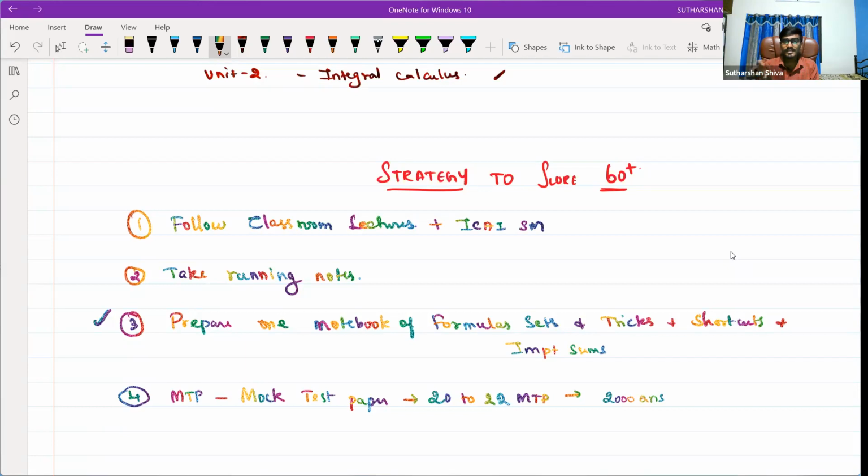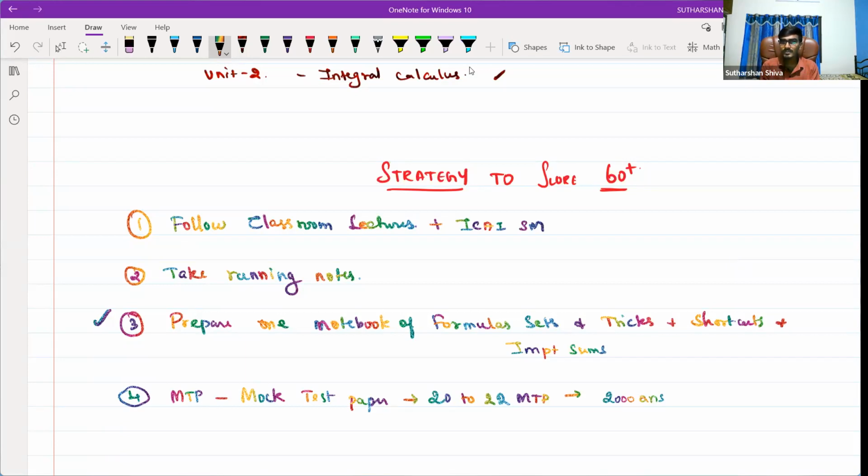Suppose, after the portions are over, we will be able to complete within 40 days, maximum 40 days. From scratch, 40 days is more than enough to clear this paper. Okay. These 2000 questions, if you solve on a daily basis, let's say on the first day you take statistics, just complete all 20 questions. It will be nearly 800 questions.